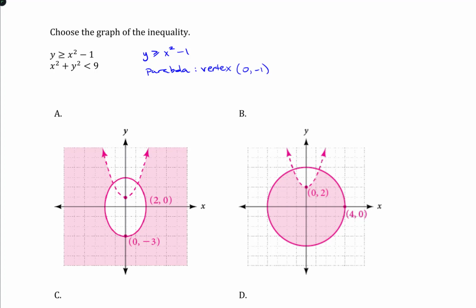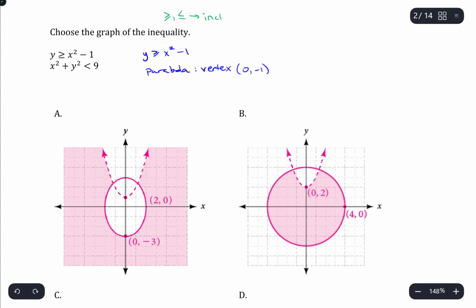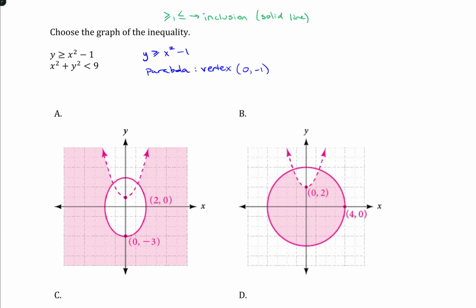Now, there's a greater than or equal to, and whenever you have greater than or equal to or less than or equal to, that represents inclusion. So you're including the boundary. And so what you do in your graph is you make a solid line, or a solid curve if you want to call it that.